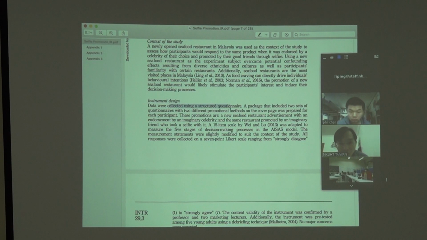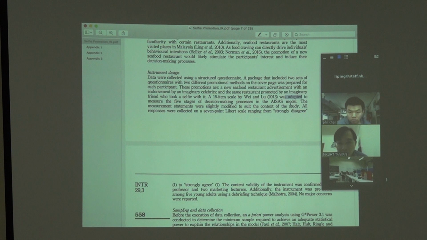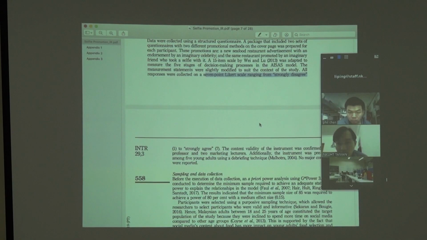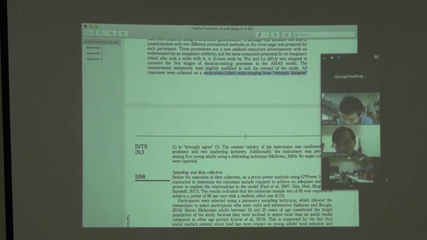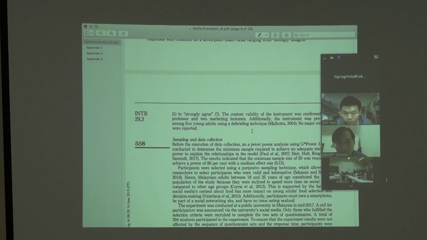We talk about the questionnaire and the scale, not adopted, not self-developed, but adapted. And then we use a 7-point Likert scale, ranging from strongly disagree to strongly agree. You don't have to mention what is number 2, 3, or 4. Just say what is number 1 and what is number 7. Then again you provide citations to convince the examiners, the editors, the reviewers that this is supported.